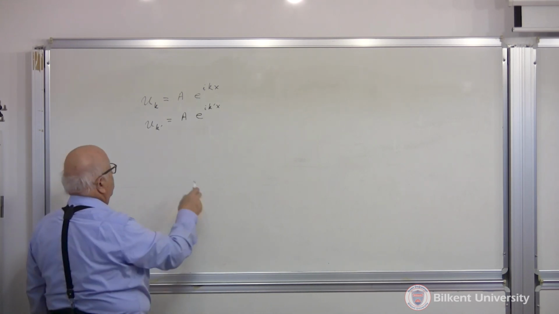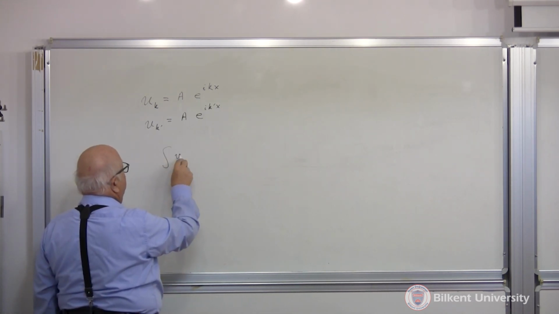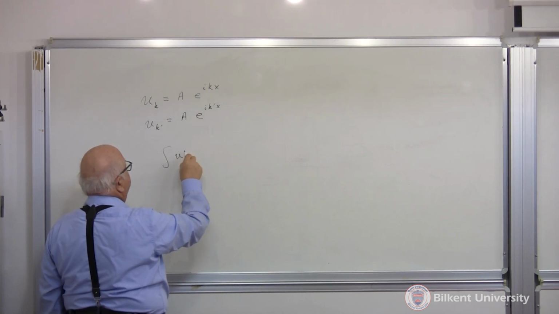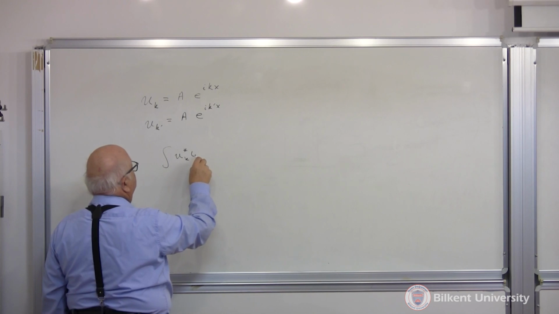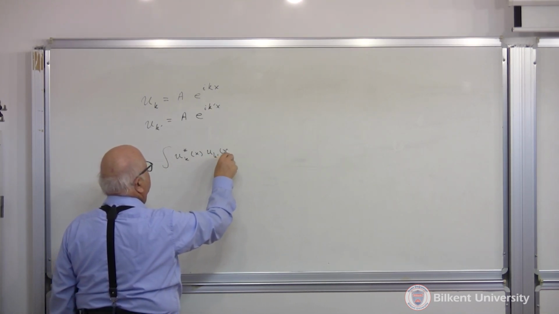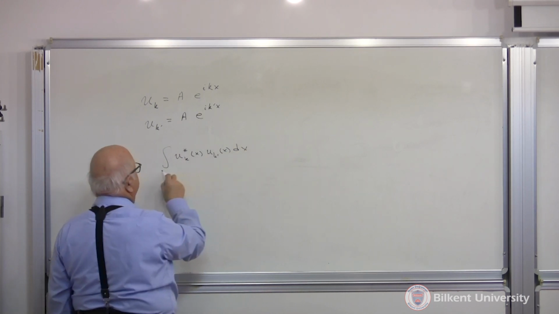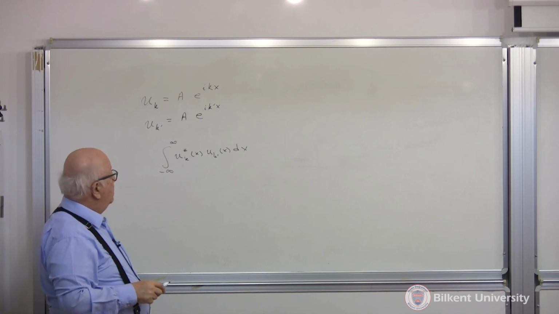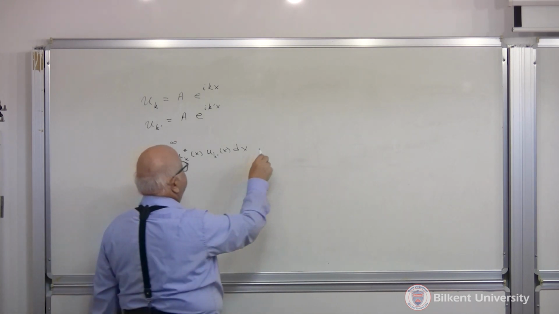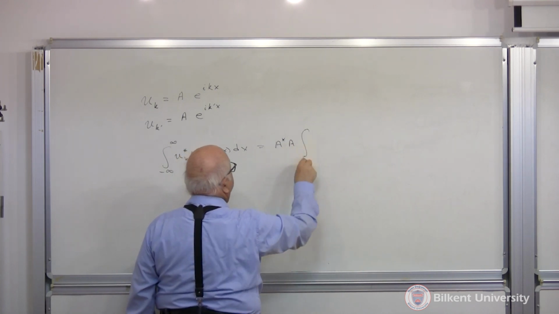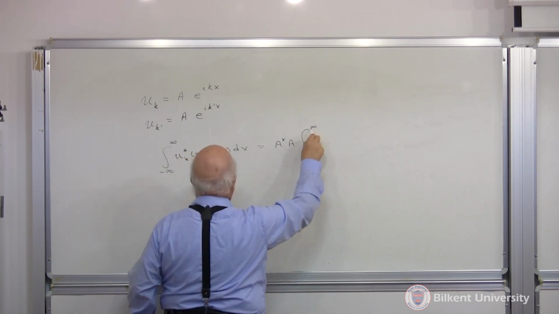Now, I'm going to go through the same process. What will I get when I get u_k star of x, u_k prime of x dx from minus infinity to infinity? I'm going to get A star A, an integral from minus infinity to infinity.